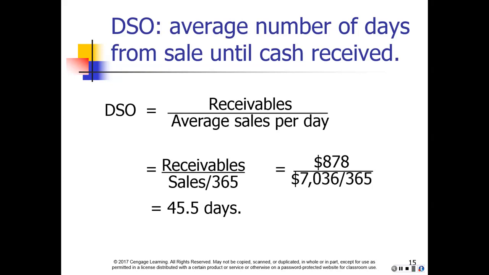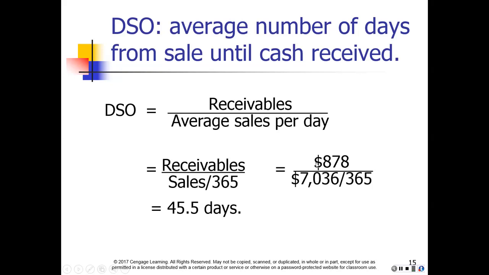So it's a measure of how fast we are able to collect on our credit sales. If you remember, accounts receivable are generated due to sales that are made on credit. And we divide by average sales per day. We take the annual sales and divide by 365, because there are 365 days in a year, and we get the average sales per day.